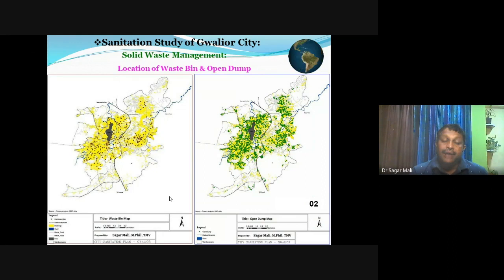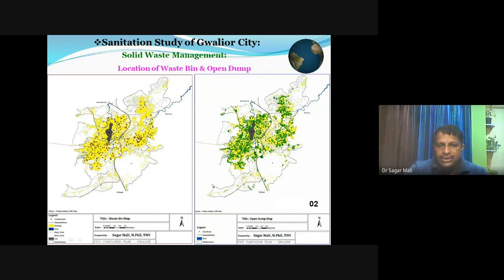This is my research work, where I used GPS technology to identify the bin locations, dustbin locations, in Gwalior city.